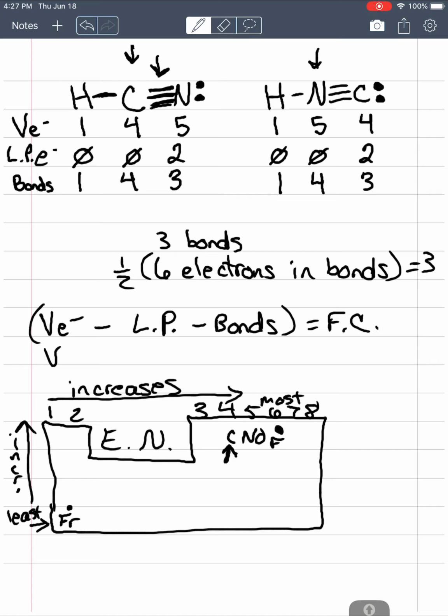You may also see it written as valence electrons minus lone pair and bonds. But when you distribute this negative sign here and here, then you're going to end up with this formula right here on top.